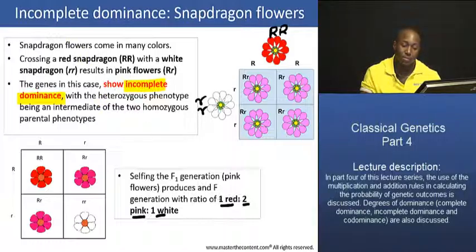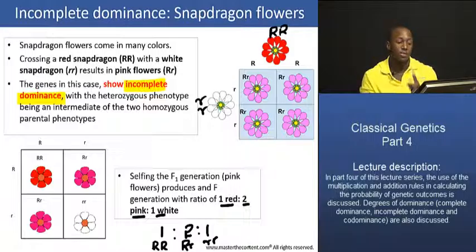The ratio is 1 to 2 to 1 for both, because you have one homozygous dominant, two heterozygotes, and one homozygous recessive. So this is an example of what we call incomplete dominance.